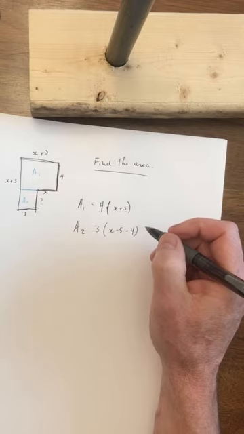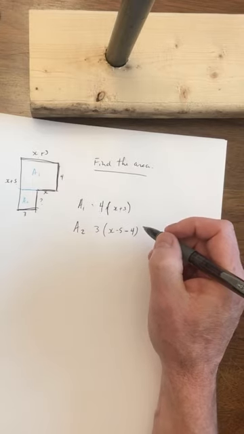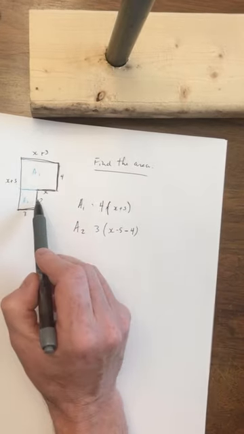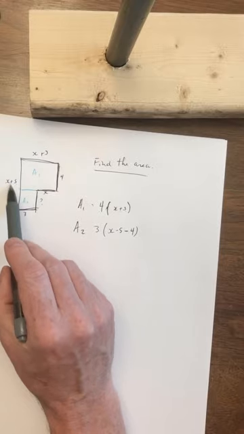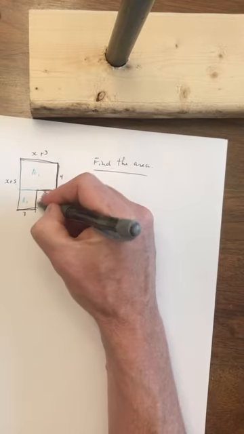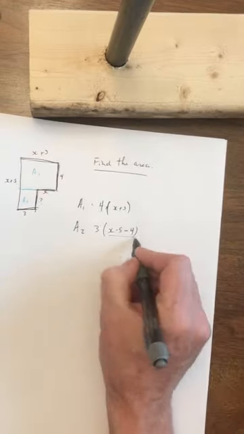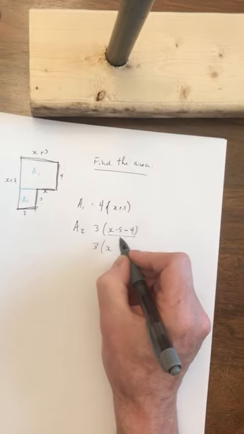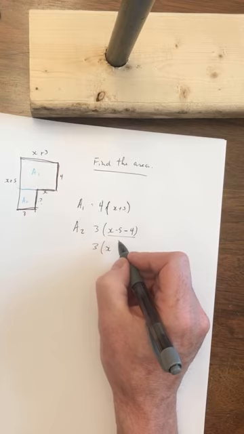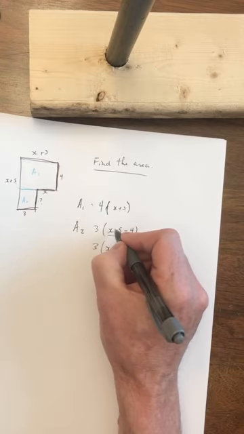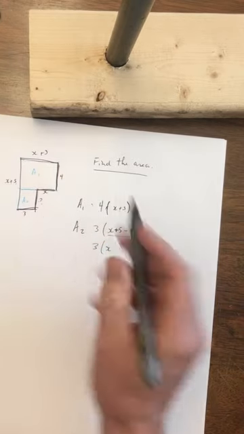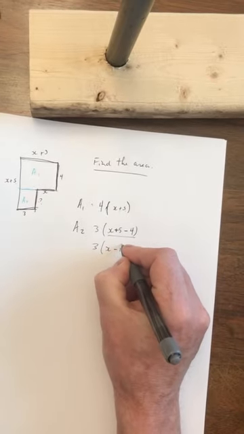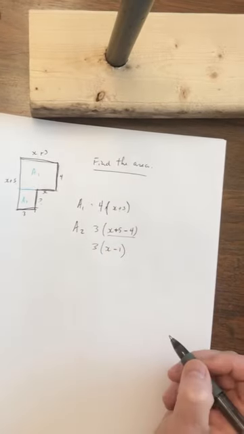If we do that, that will give us this. So whatever this is minus this will leave us with that. And then to simplify this, we have x. So that's an x plus 5, and that leaves us with a minus 1. So there's our two areas.